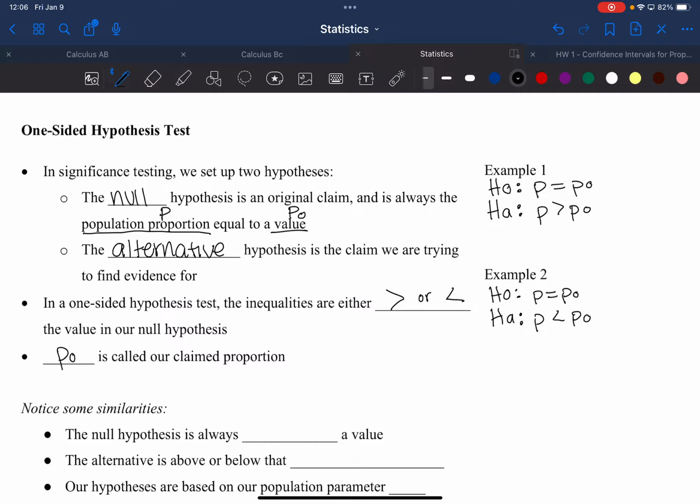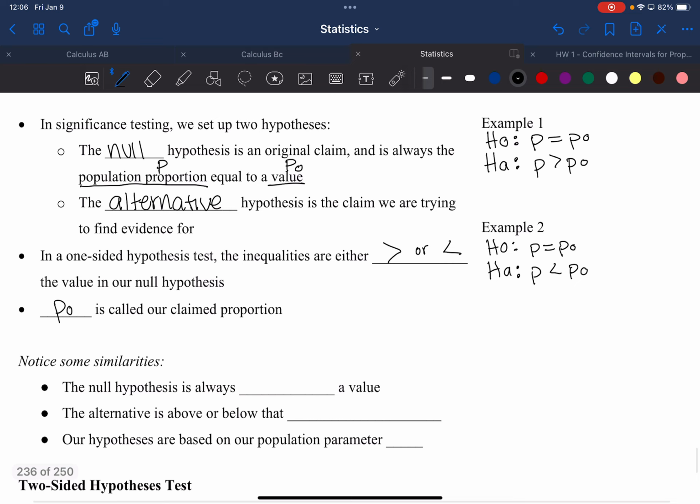So in our original simulation, at the very beginning, that P naught value was 0.2, because he guessed he could get 2 out of 10 baskets. That was our P naught value. Does it matter if he gets it right or not? It depends on the alternative hypothesis. As a class, you guys guessed that he would make more, right?